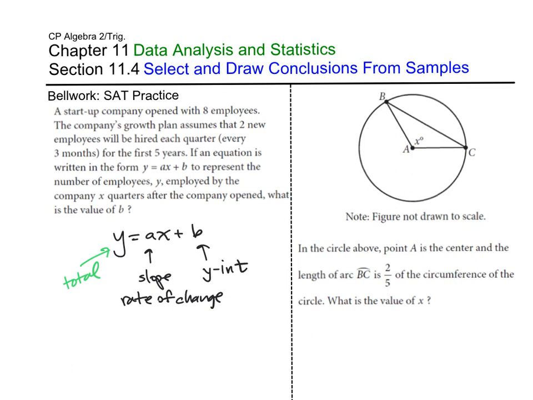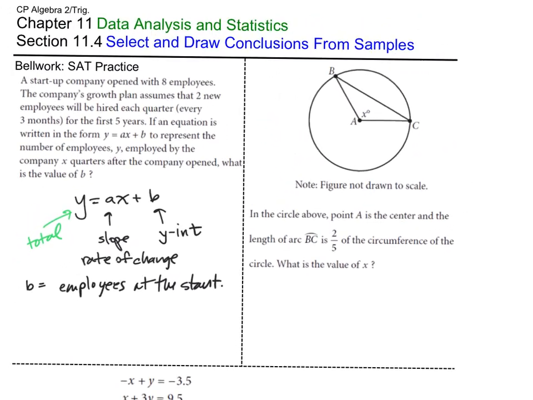So if you want y to represent the total number of employees, then b equals the total employees at the start, right? So how many employees were there to begin with before this company growth plan was created?